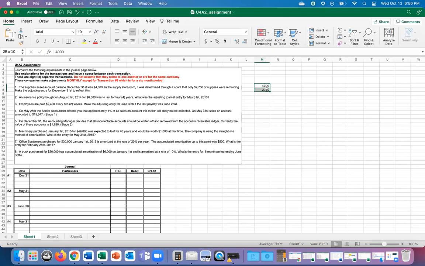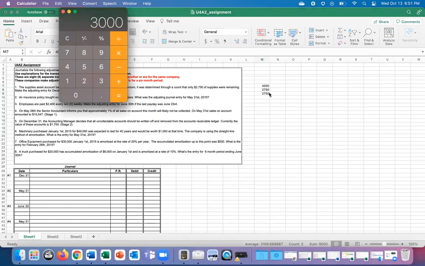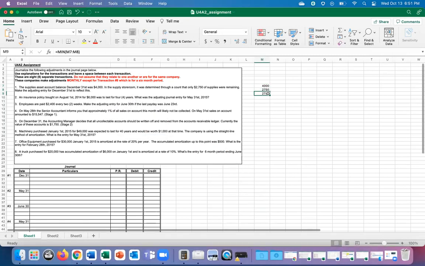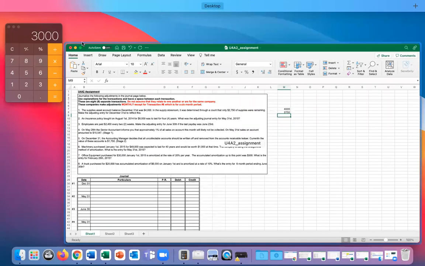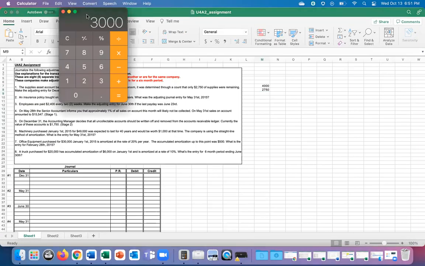So if we take those and we just... Let's see, will this do it? Nope. So I'm just going to get my calculator out. I'm sure there's a way to do it correctly in Excel, but I am forgetting how to do that. So we'll just do the old trusty calculator.